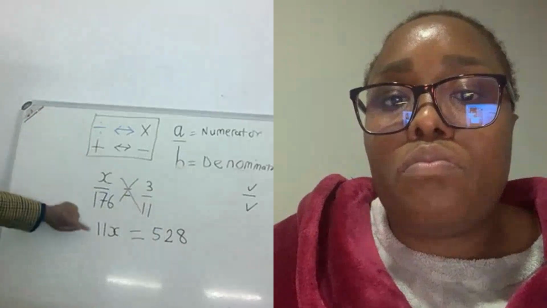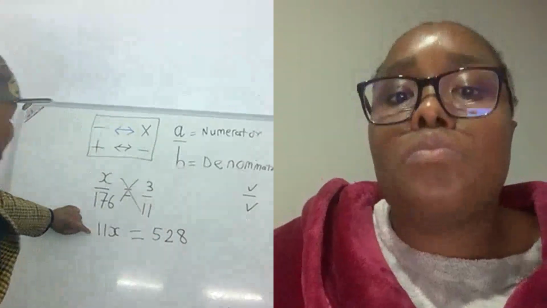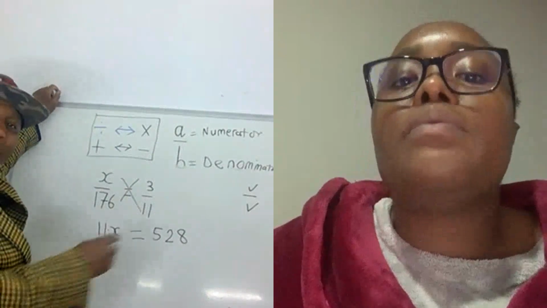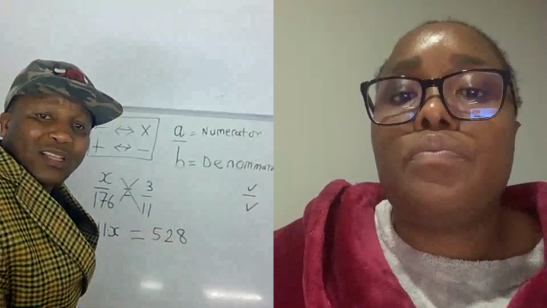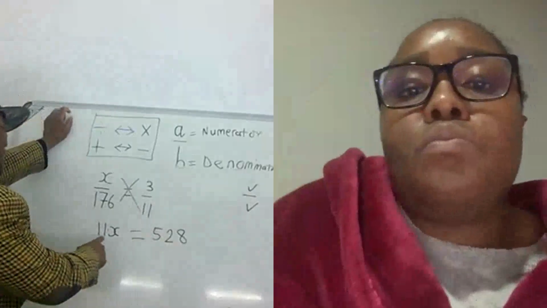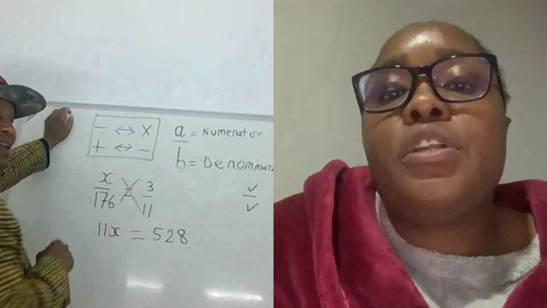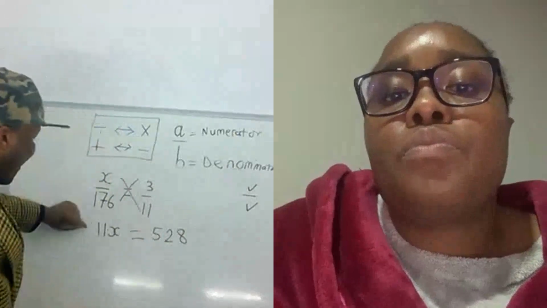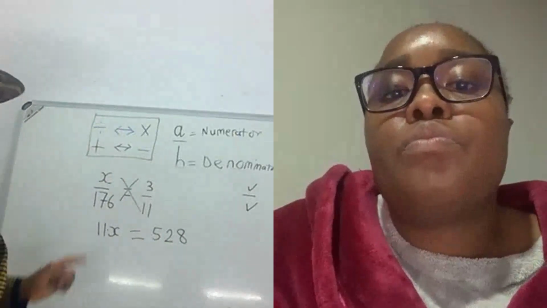Now, what do we want here? We want to get the value of x. How are we going to get x? We have to look at the sign in between the number and the letter. It is multiplication. So how are we going to get rid of the 11?